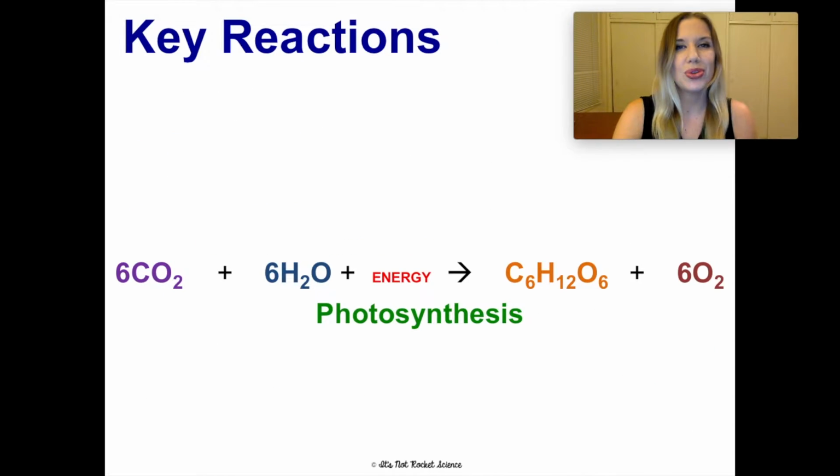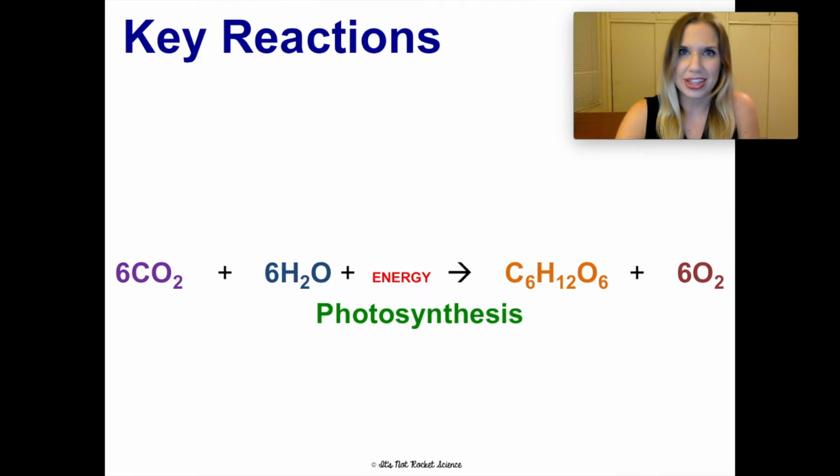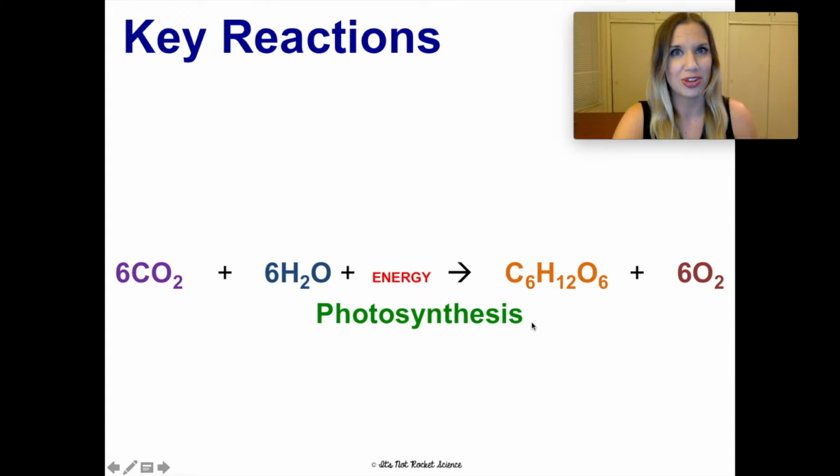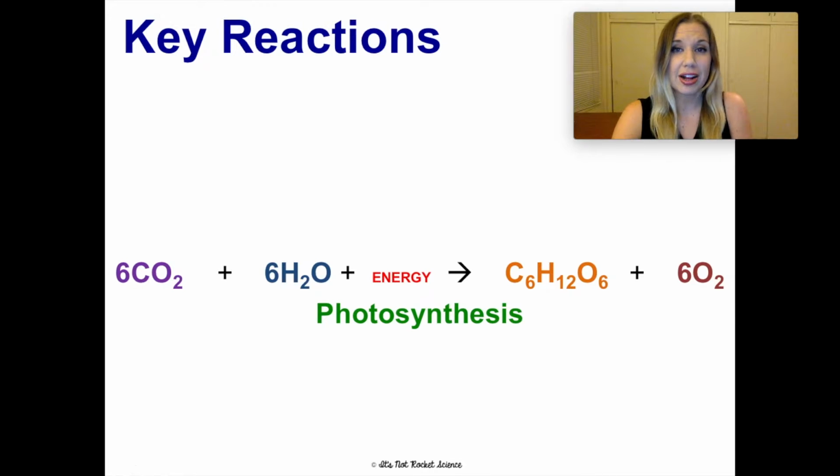Okay, so our 2 key reactions to never forget are photosynthesis and cellular respiration. So photosynthesis is as follows. This is the equation that you will definitely never forget after we're done with this unit, at least I hope you don't. So the inputs of photosynthesis are 6 molecules of carbon dioxide. And remember, carbon dioxide is present in our breath. So every time you exhale, you are producing carbon dioxide.